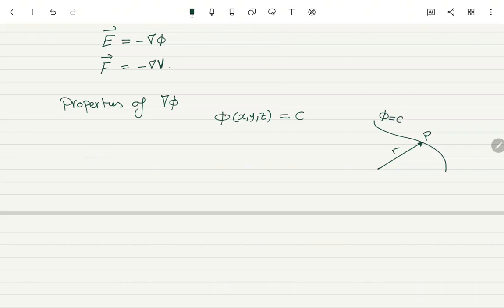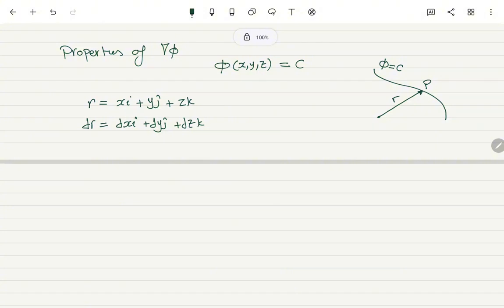The position vector R equals xi plus yj plus zk, and dr equals dx i plus dy j plus dz k.